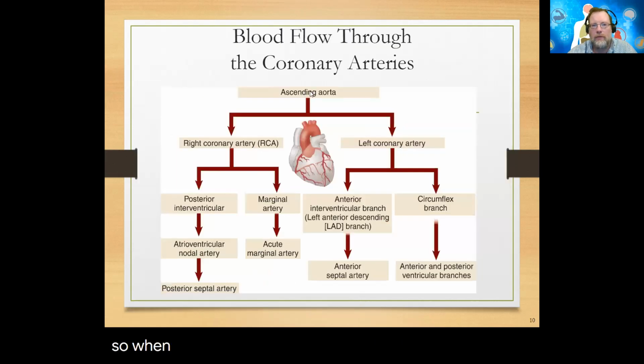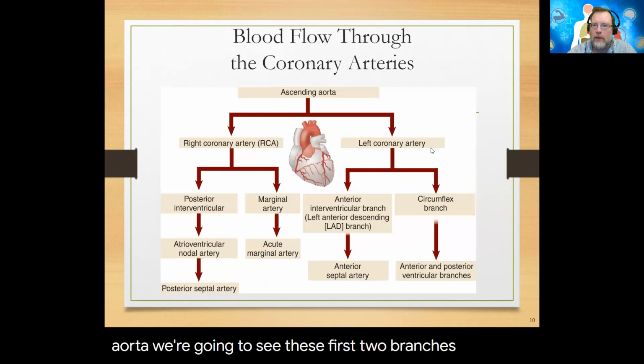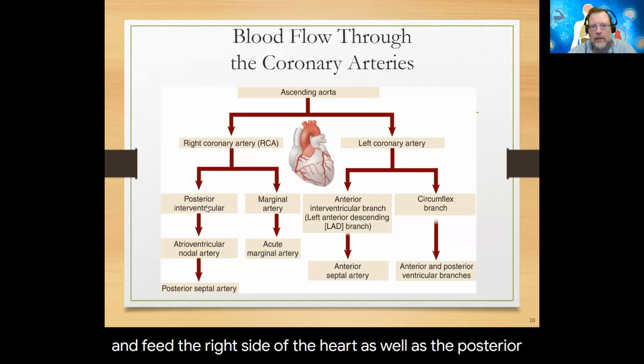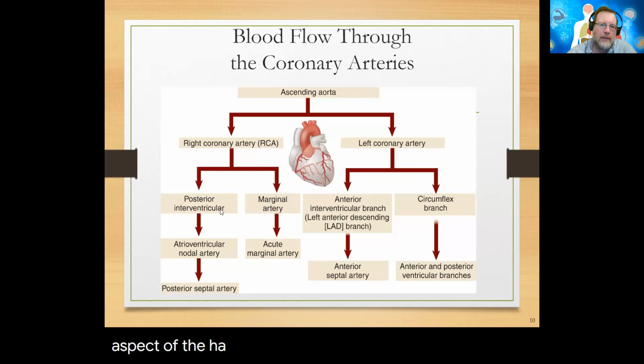So when we look at the flow chart off of that ascending aorta, we're going to see these first two branches, the left coronary artery and the right coronary artery. That right coronary artery is going to go back behind and feed the right side of the heart, as well as the posterior aspect of the heart, again also known as the posterior descending artery in the clinic.